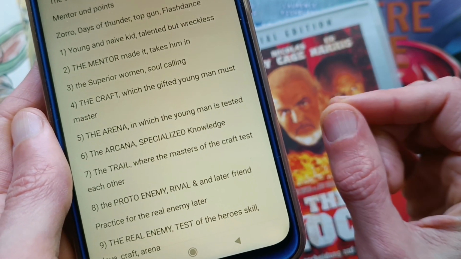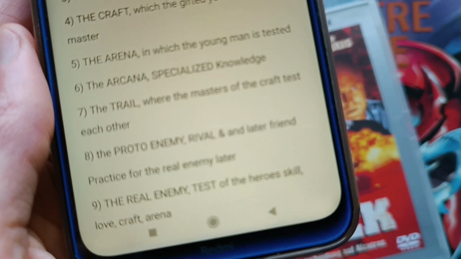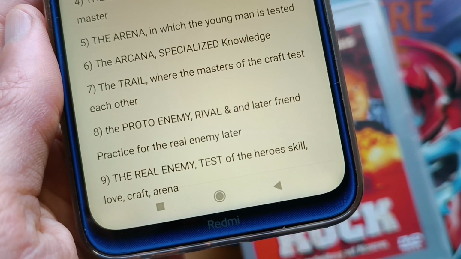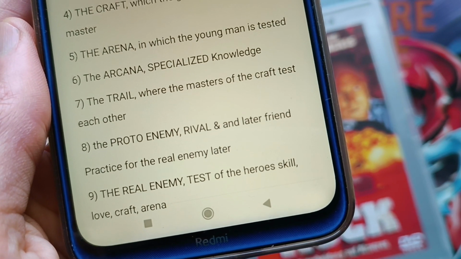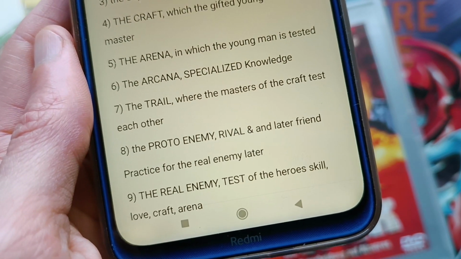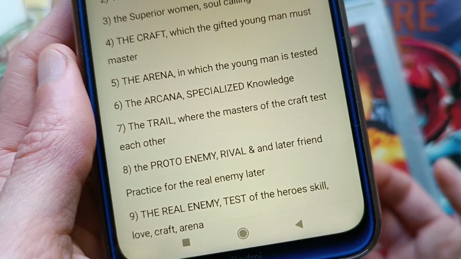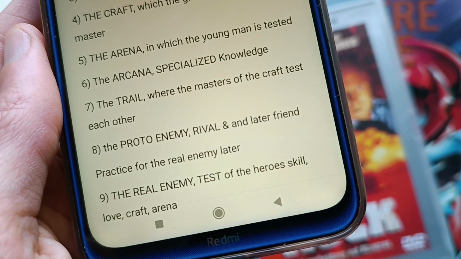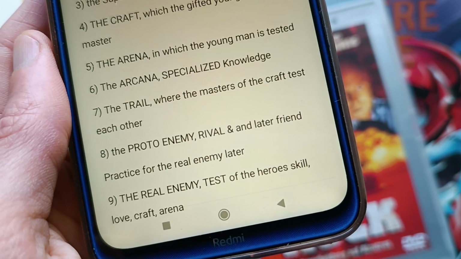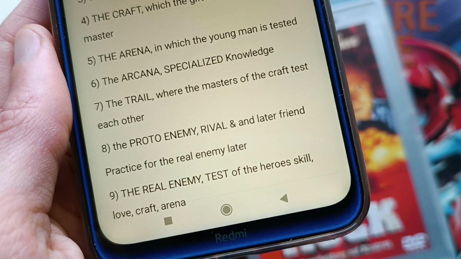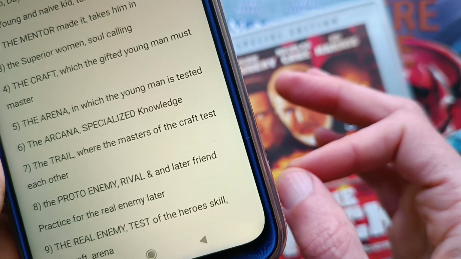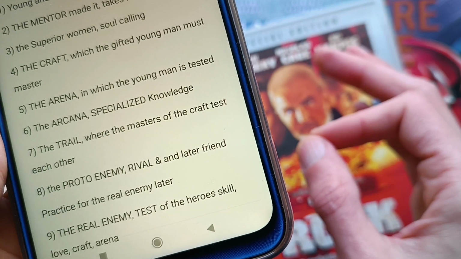And there's the distinction. And then comes the real enemy, the real test, the one that tests all the hero's skills. The love, the craft, the arena, and everything will be questioned. Because the hero now has the love for his superior woman, or for the person he or she loves, because he or she now owns the craft, because they have mastered the trial, the arena, and all of these things, they should and maybe must beat the final enemy.